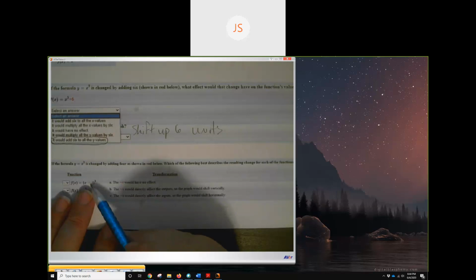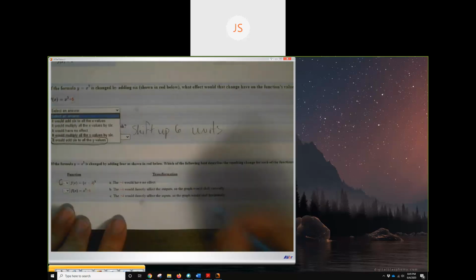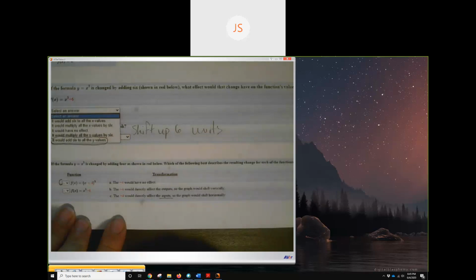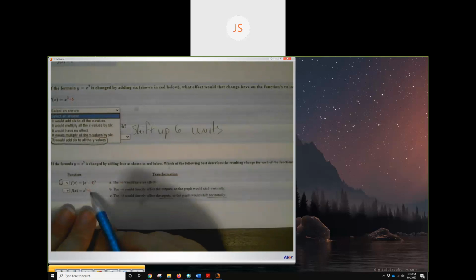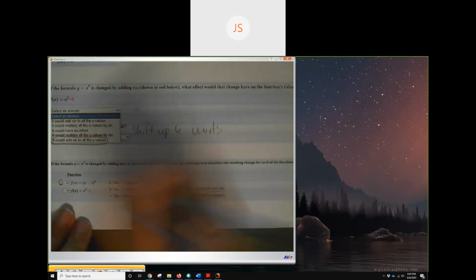That means that it affects the inputs. So here we would say the plus 4 affects the inputs. So the graph would shift horizontally. And then if you have the plus 4 on the outside, that affects the outputs and shifts it vertically.